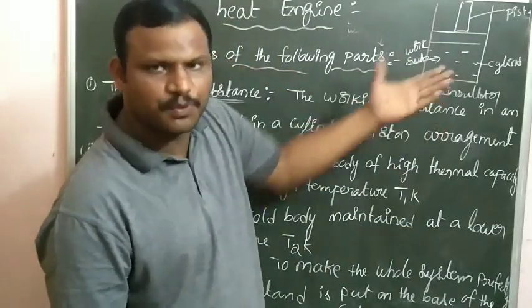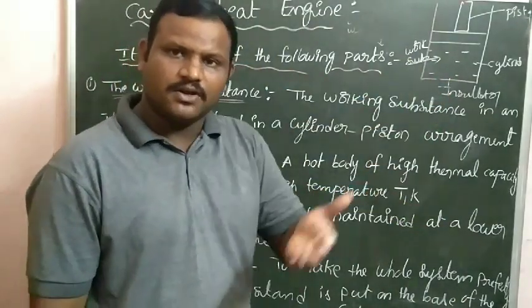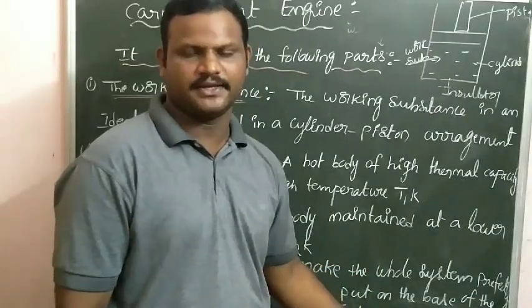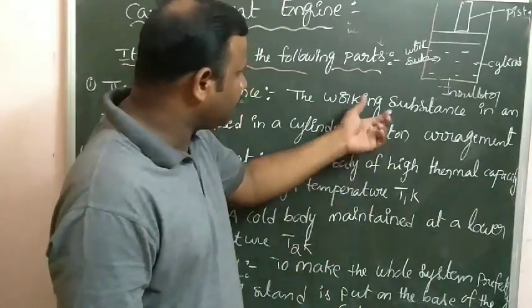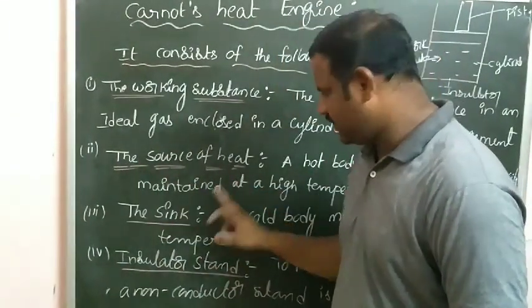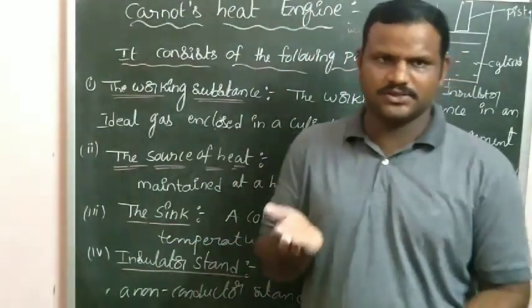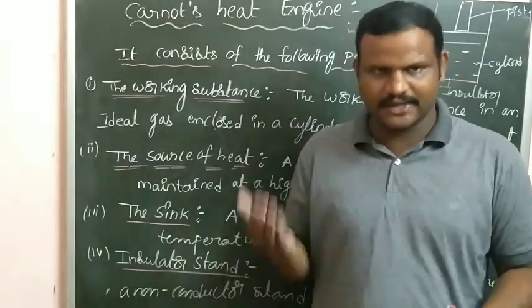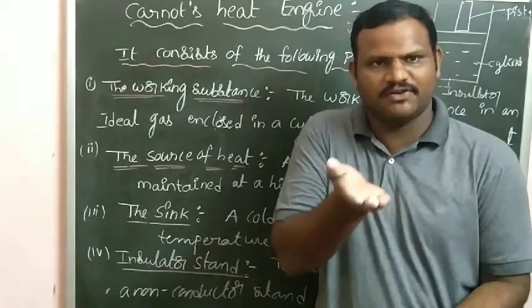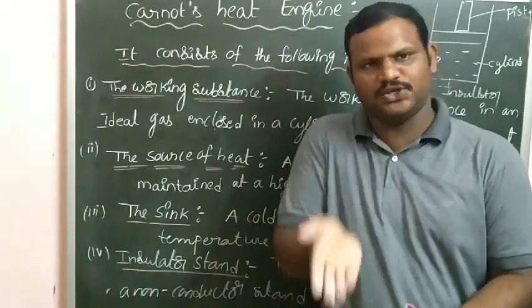It does not allow heat to flow in the gas. The source of heat and the sink make the gas go through a conducting process from high level to low level, higher energy level to lower.